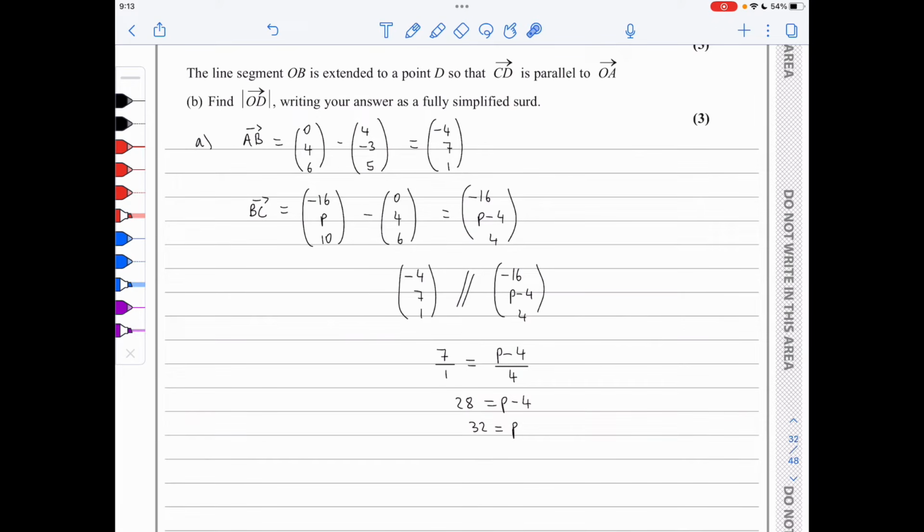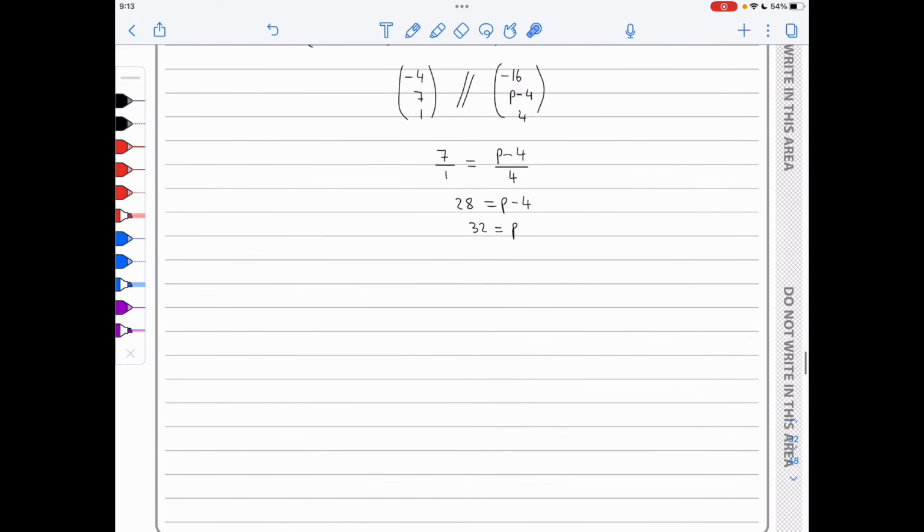Now in B, we have that the line segment OB is extended to a point D, so that the vector CD is parallel to OA, and we need to find the length of OD, giving our answer as a simplified surd. I will start by using the fact that OB is extended to a point D, so OD is a multiple of OB, lambda times OB, so it's lambda times (0, 4, 6).